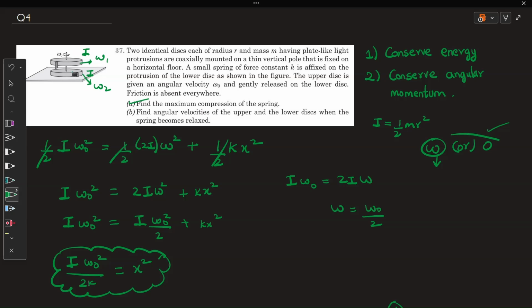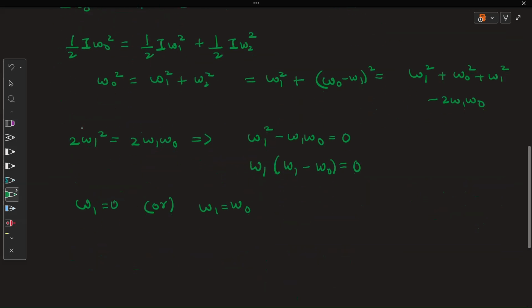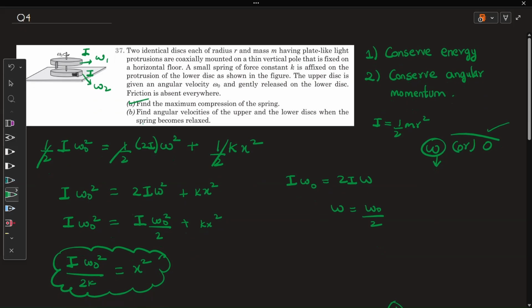It's exactly the same case in which the spring is also relaxed, but this is just before the compression, so that is not the case here. The only possible case is omega 1 is 0 and omega 2 is omega naught itself. So we found the angular velocities of the upper and lower disks: the upper disk comes to rest and the lower disk goes with an angular velocity of omega naught in the same direction.